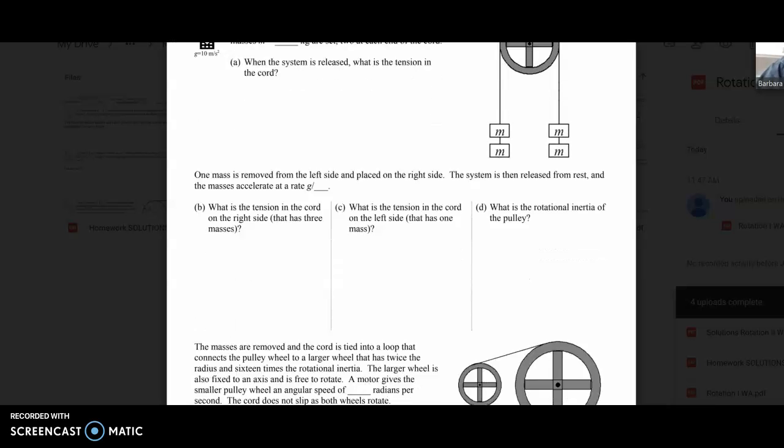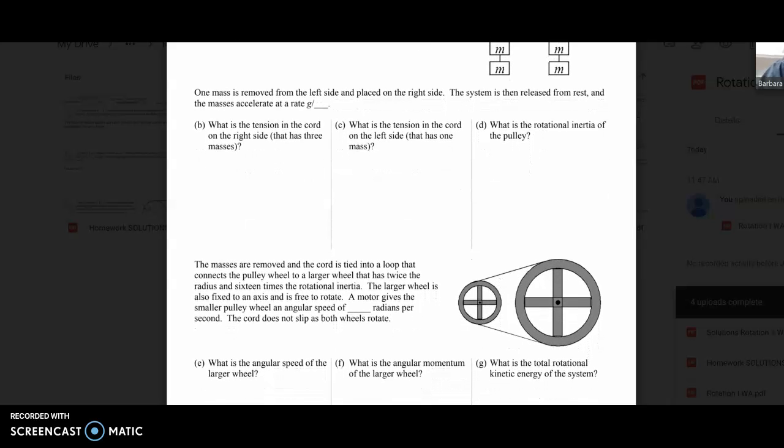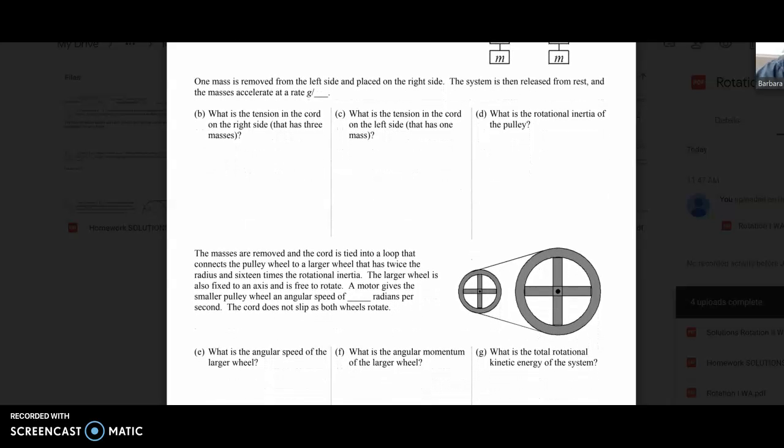So figure that out any way you want to. Sum of F equals ma for B, right? Sum of F equals ma on the left one. And for the rotational inertia of the pulley, I think I would do the sum of the torques equals I alpha and solve for I.